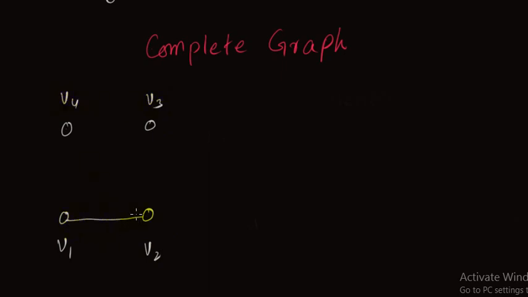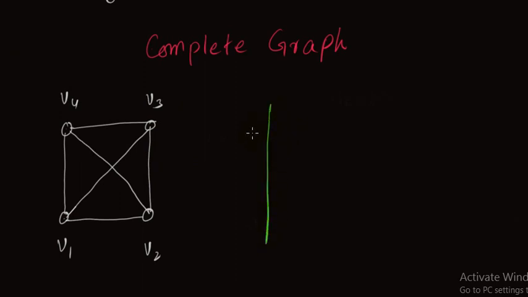I choose 4 vertices again. Now this is a complete graph, meaning there is an edge between every 2 vertices of the graph. So this is our complete graph in which all the vertices are connected or all the vertices are adjacent.